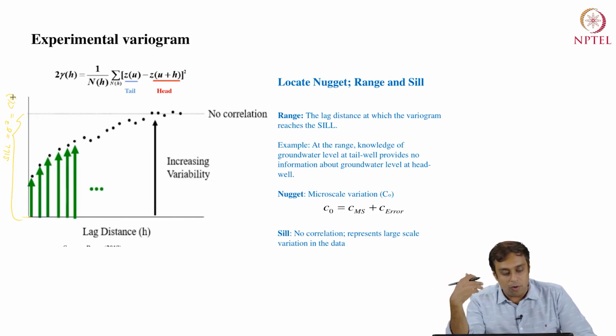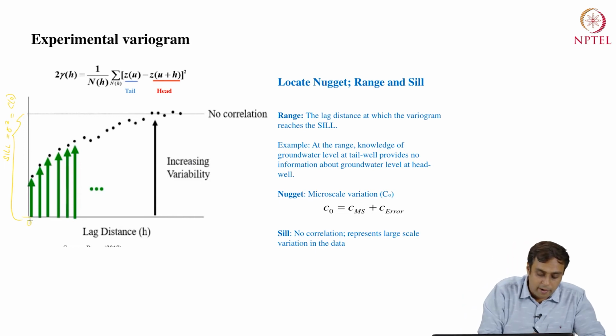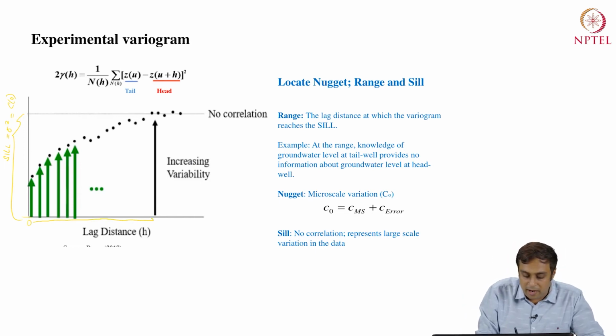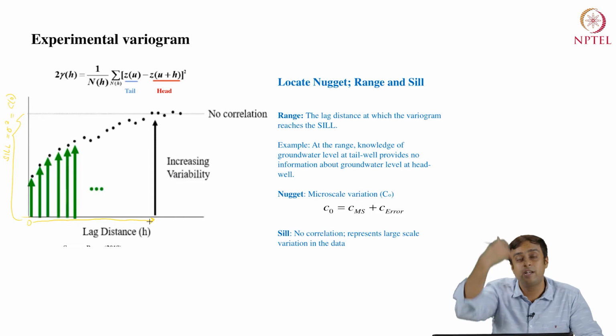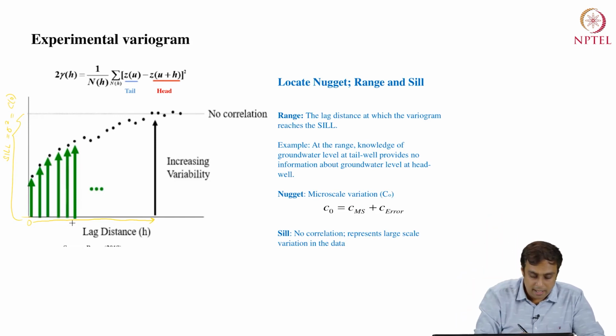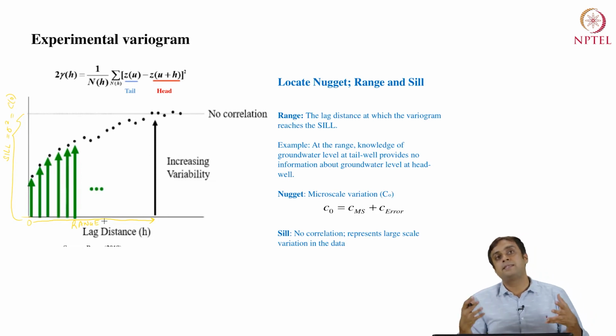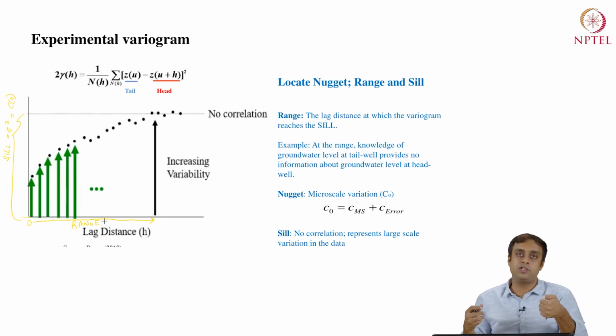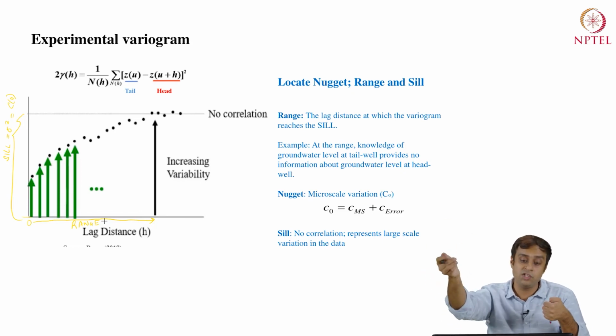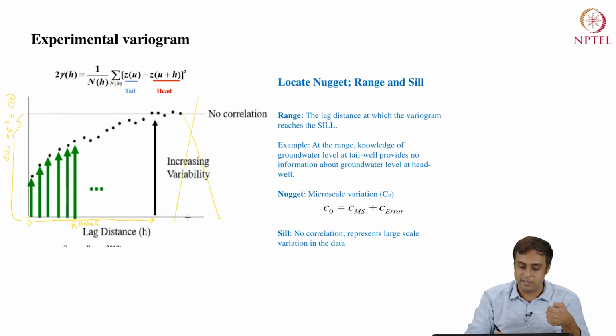The point on the x axis, the farther that we have to go from the origin to get to this point, that is called the range. The range represents the distance from any given location to which there is some spatial dependence in data. Beyond the range, there is no spatial dependence in data.